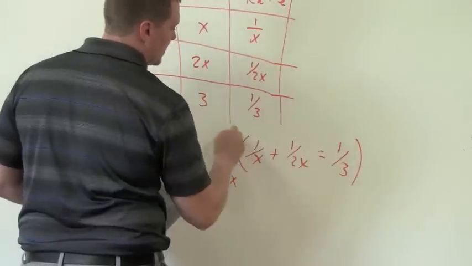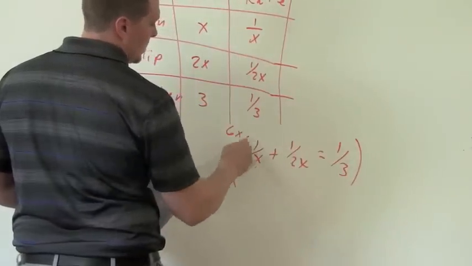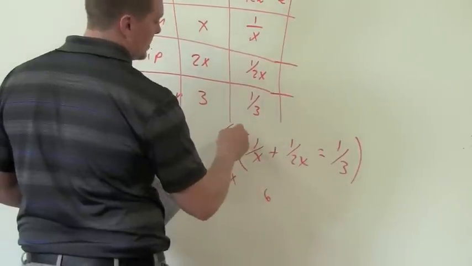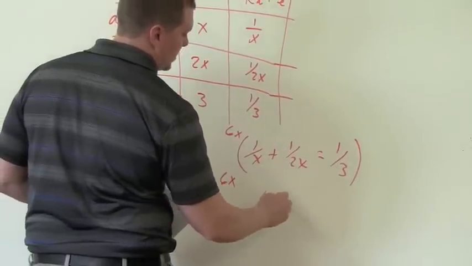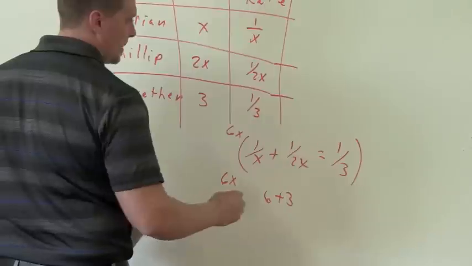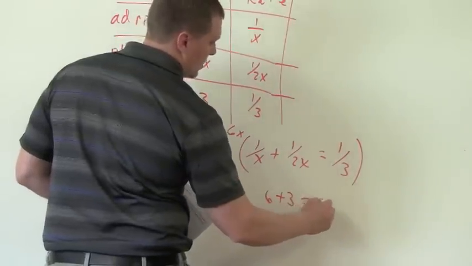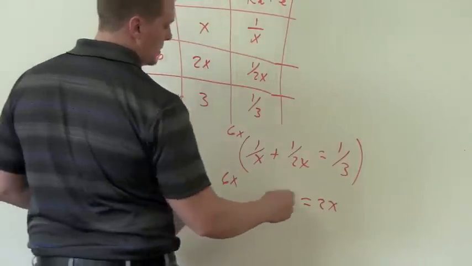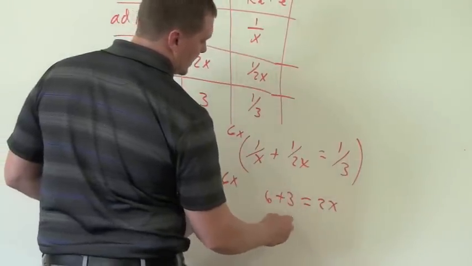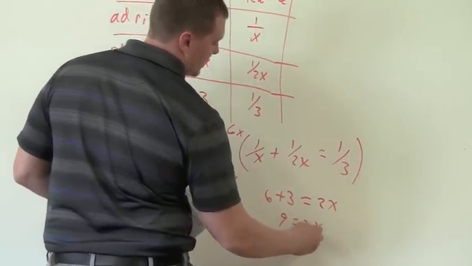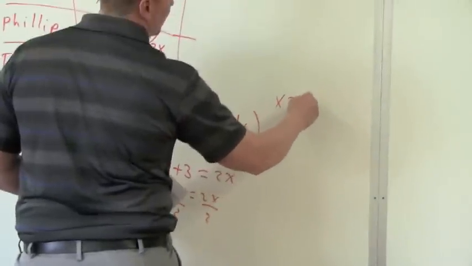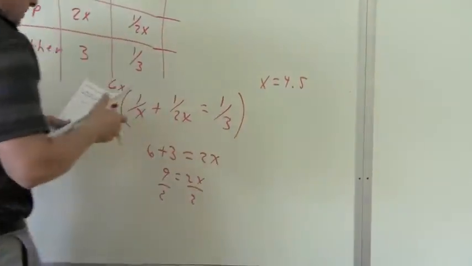The x's cancel out, leaving 6 plus 3 equals 2x. So 6 plus 3 is 9, divide by 2, and we get x equals 4.5.